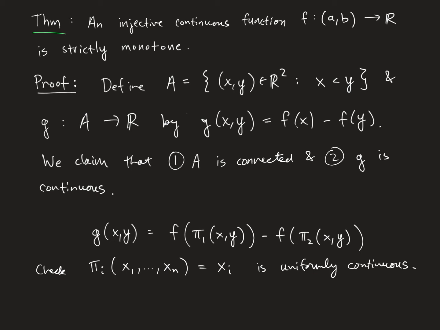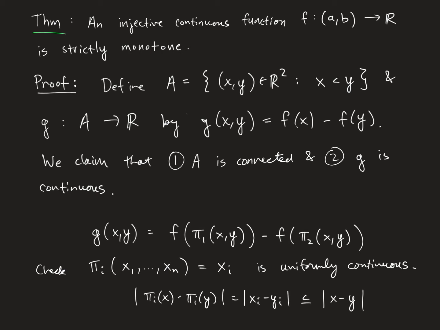And this just follows from the fact that if you take 2 points, pi i of x and pi i of y, the difference of the ith coordinates of each is less than or equal to the length of the difference vector.